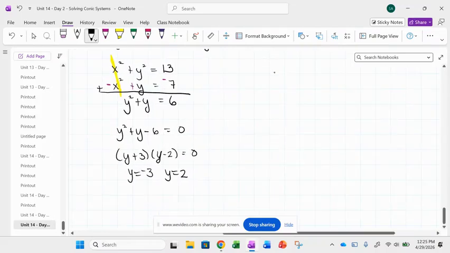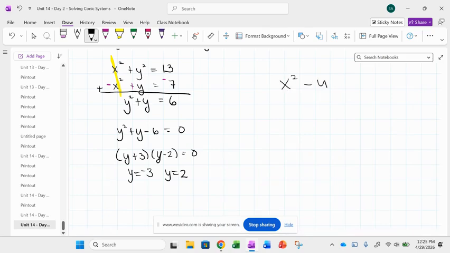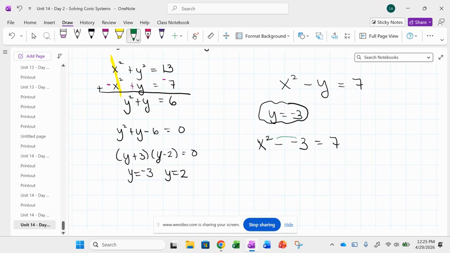So I'm going to go back to one of the equations, x squared minus y equals 7. And now I'm going to start with the y equals negative 3. So we're going to have x squared minus a negative 3 equals 7. Doesn't that double negative make a positive? So now we're going to have x squared, I'm going to subtract that 3, equals 4.